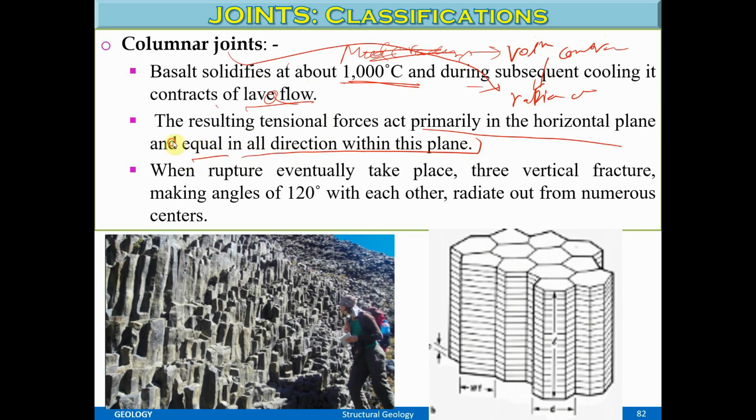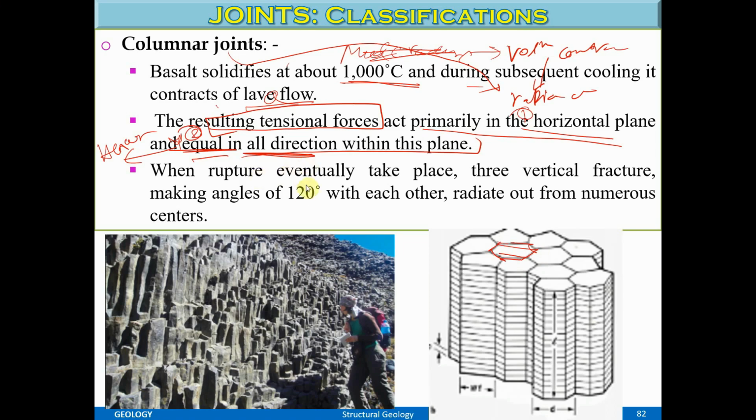That's the important point. What are the tensional forces doing? The resulting tensional forces act primarily in the horizontal plane. That's the first point. And the second point is that they are equal. As they are equal in all directions, you get a hexagonal shape like this. You get this hexagonal shape only when the tensional forces are acting equally, while the lava is undergoing volume contraction due to rapid cooling.